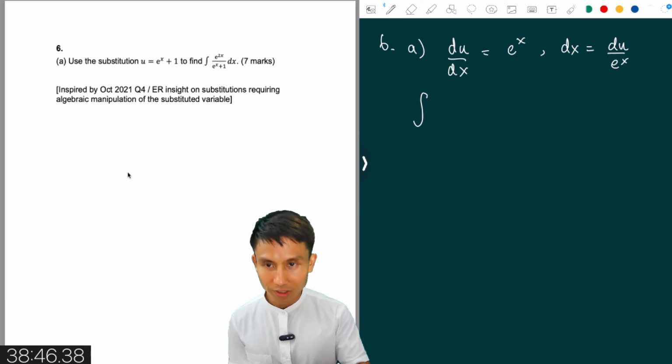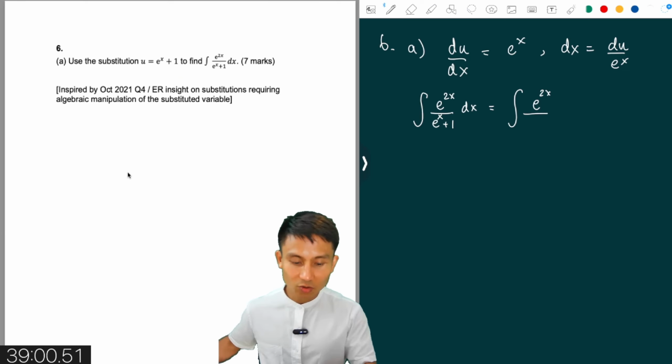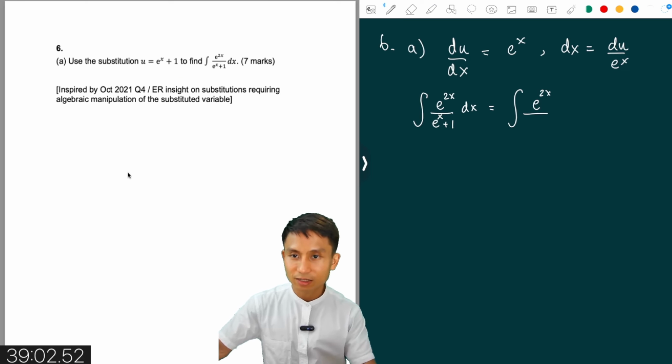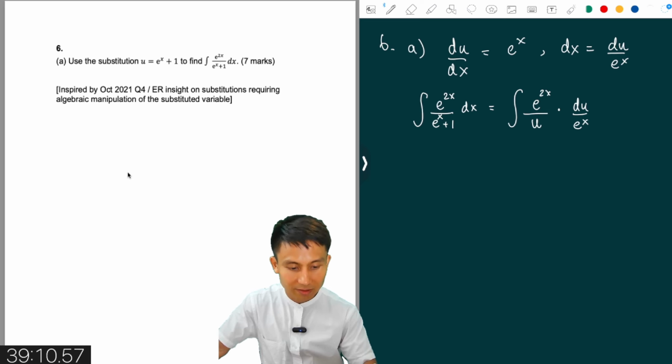So from what is originally asked to integrate, it's going to turn to e to the 2x over, well, we are subbing u equals e to the x plus 1. So that's going to turn to u. And then dx will be this guy, right? du over e to the x. Not so bad.